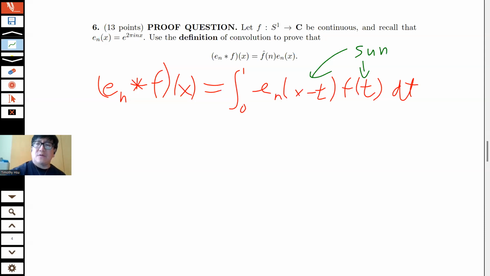I always have to go through this to remember the definition of convolution: the sum has to be x.